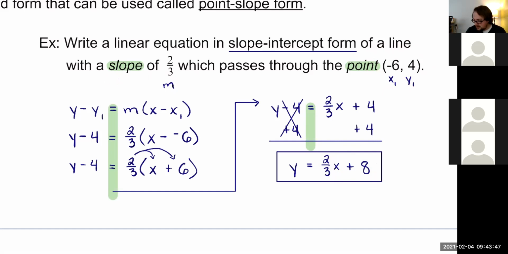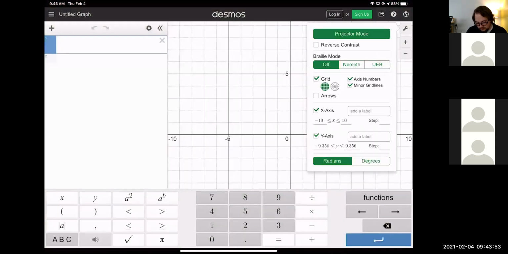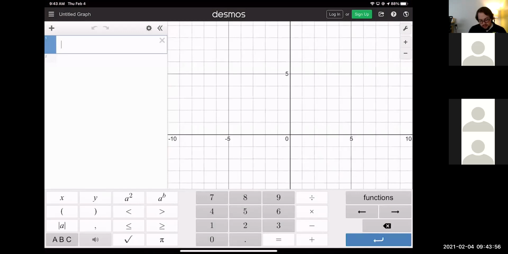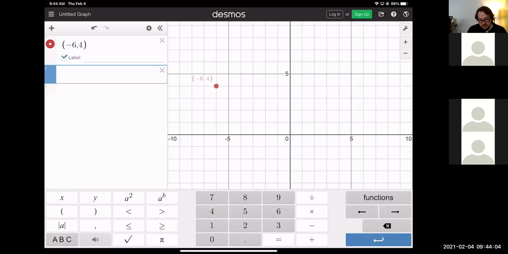Now, don't take my word for it. Let's check real quick. So the ordered pair that we were given was -6, 4. Is that correct? Yep. We know the slope had to be 2/3, but we didn't quite know where that line was going other than that.